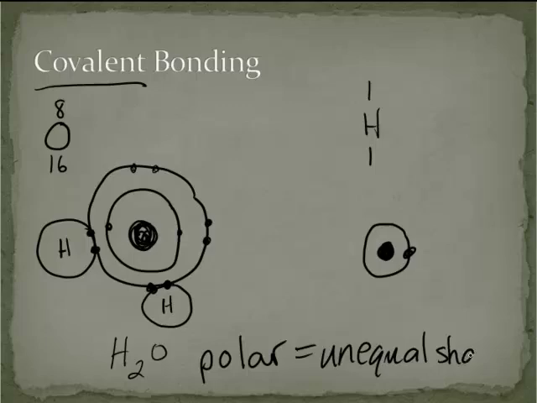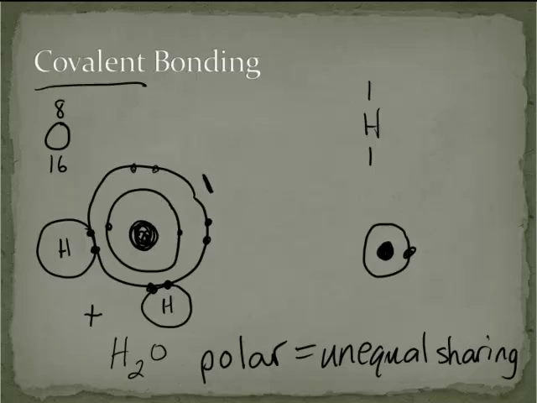Oxygen gets the electrons more of the time than hydrogen does. So what you end up with is a slight negative charge on the oxygen side, and a slight positive charge on the hydrogen side. Because if you have the electrons less of the time, you have less negative charge, slight positive, slight negative. So this is a polar bond.